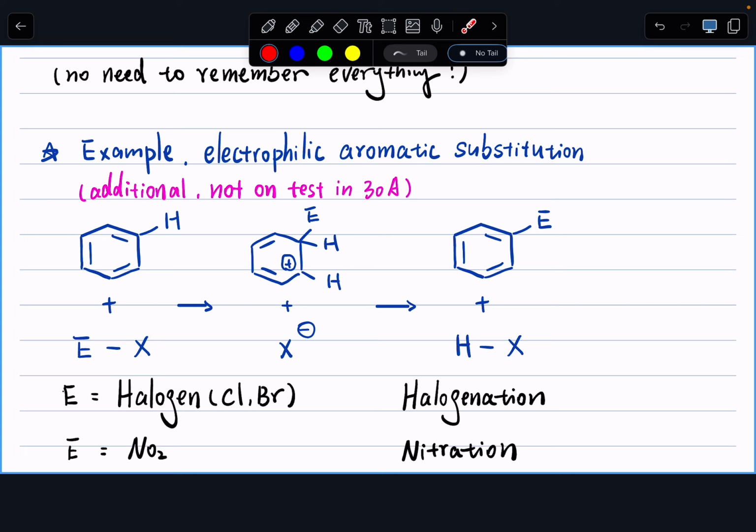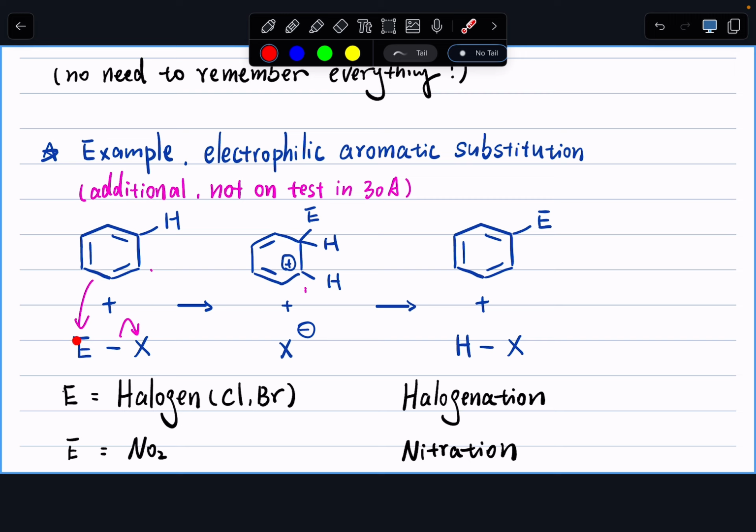In here, the first step is the aromatic group attacking this chemical bond, or attacking the electrophile, breaking the E-X bond to form this intermediate. Without knowing anything about it, if I show you the structures of your reactant, intermediate, and product, you know how to do the arrow pushing to link these structures. Again, arrow pushing just tells you where the electrons are going.